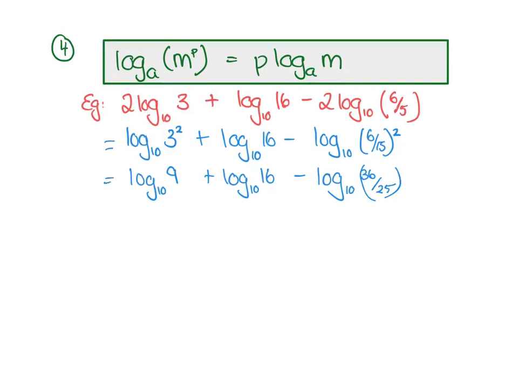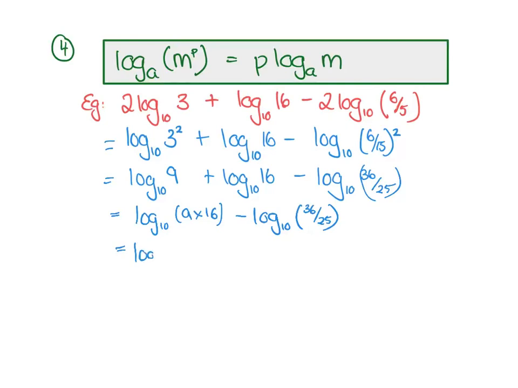When we could do this first bit, when we're adding, we actually multiply. So we could say that's log 10 of 9 times 16, and then minus the log 10 of 36 over 25. Okay, so then we know when we minus, we also divide.